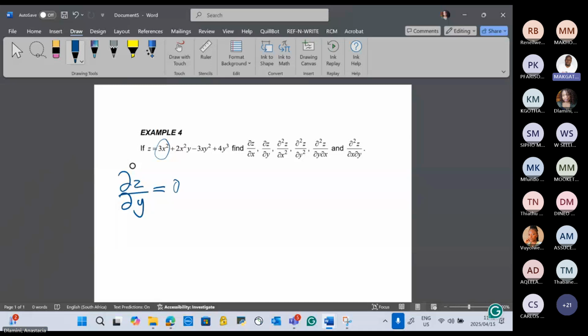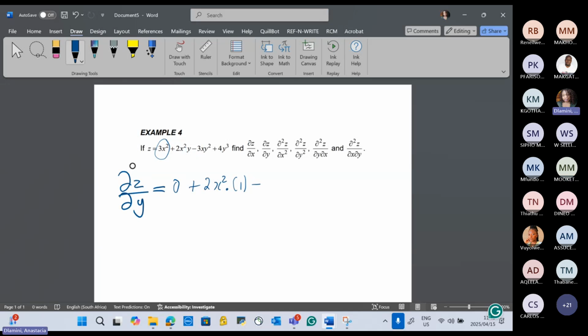Plus, what are we keeping the way it is? Keep everything the way it is. What are we keeping? 2x squared. What are we differentiating? Y. So the derivative of y is what? 1. Minus.